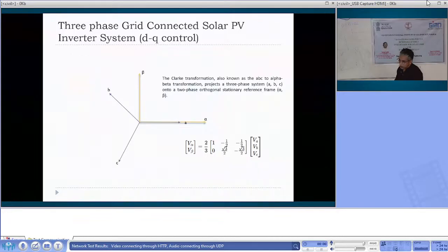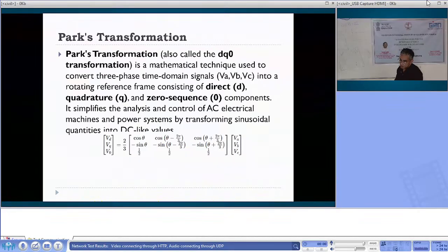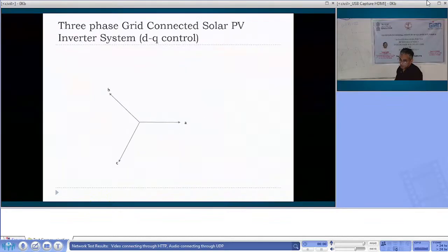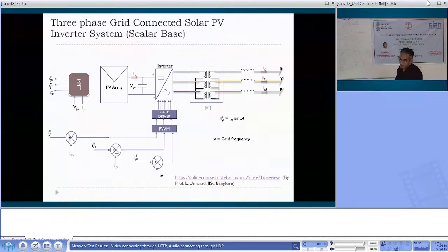Okay, this is a Clarke transformation. Are we still talking about harmonic elimination or something else? We are talking about something else now, just the inverter control. We have restricted the harmonic elimination part to selective harmonic elimination.